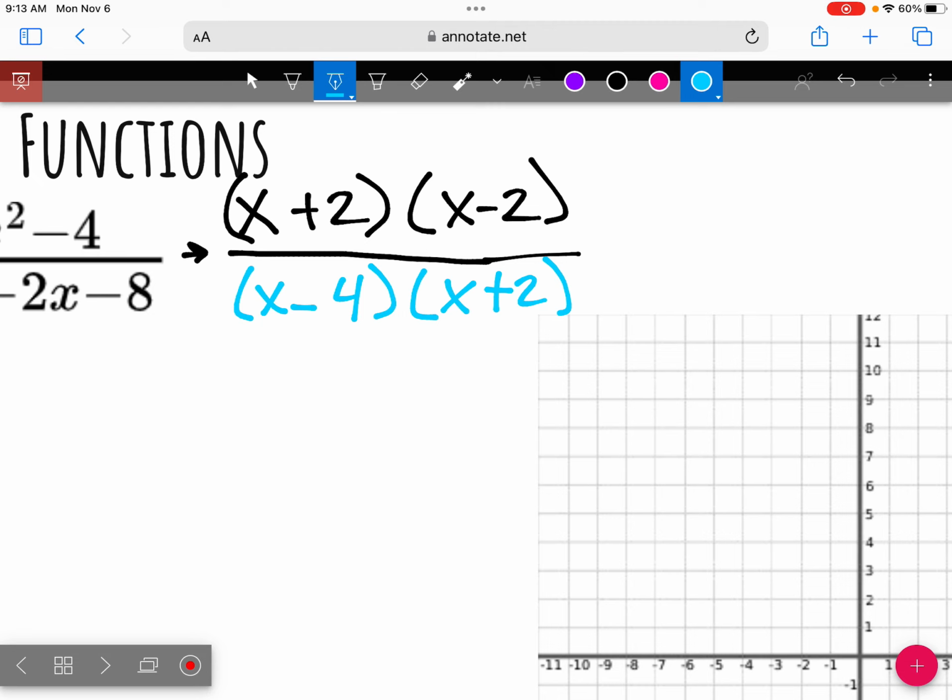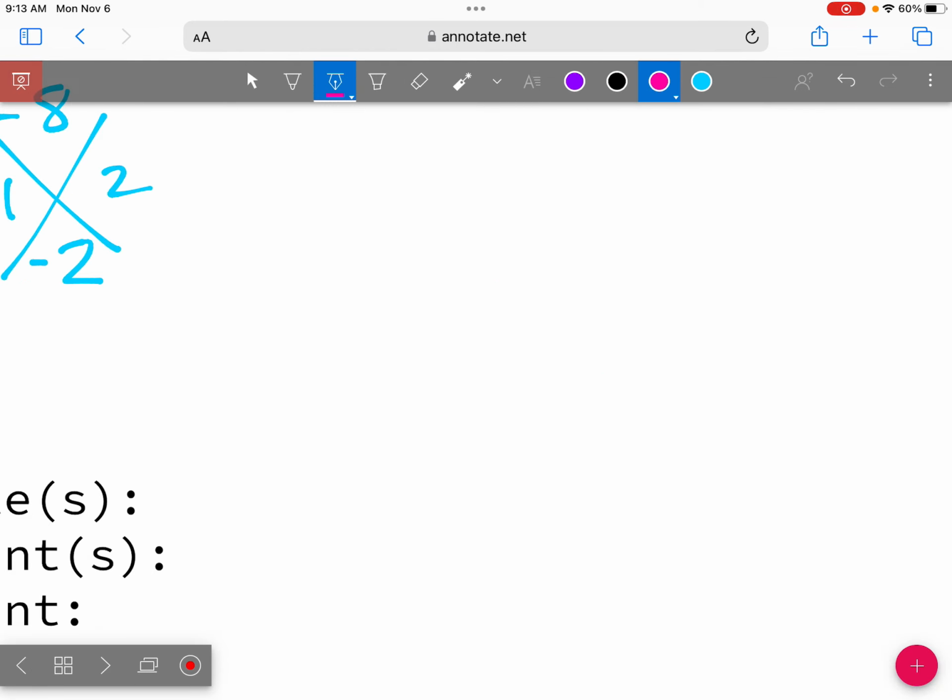All right, so do we have a hole here? Where? Wherever x plus 2 is the solution, right? So what is the x value of the hole? -2. How can I figure out the y value of the hole?